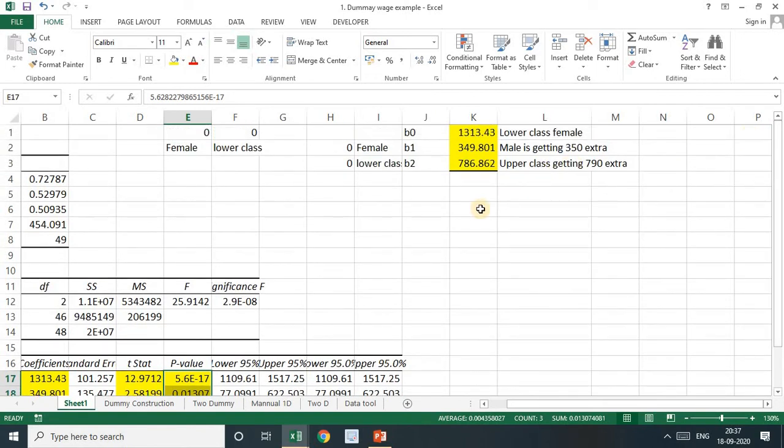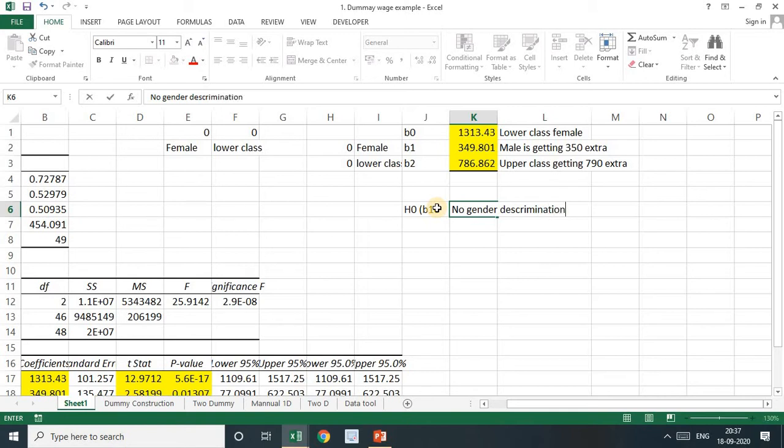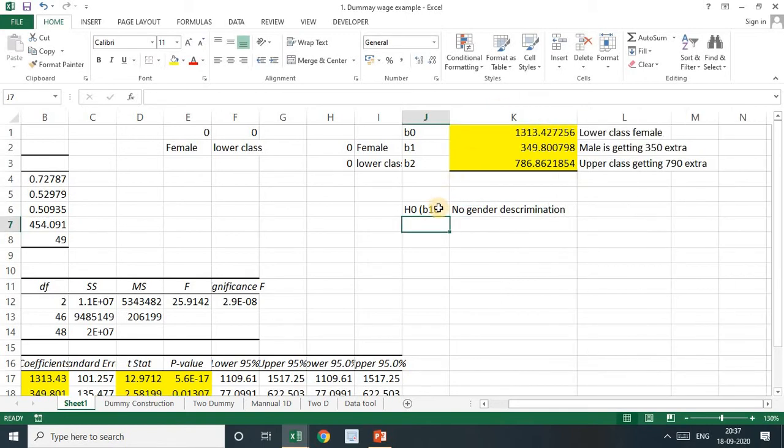It says that your null hypothesis about the coefficient beta 1 is no gender discrimination. Then in the second, H0 for beta 2 is no caste discrimination.